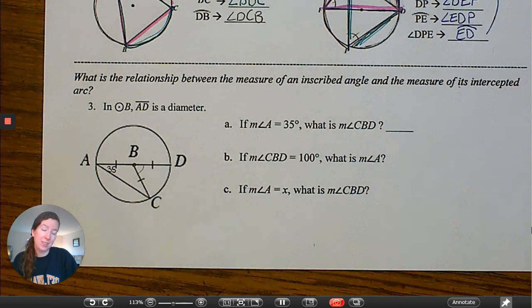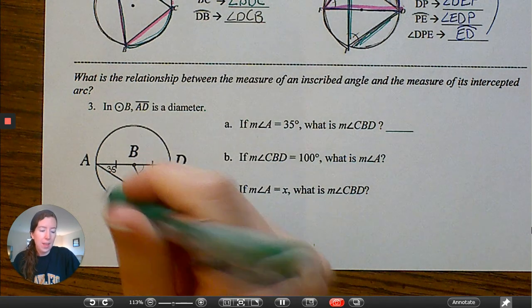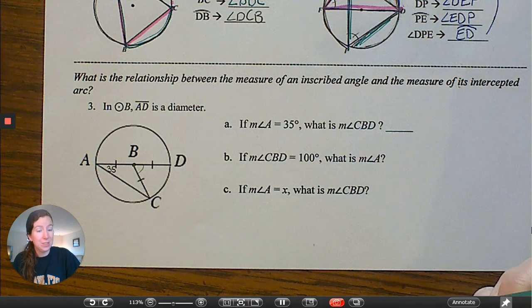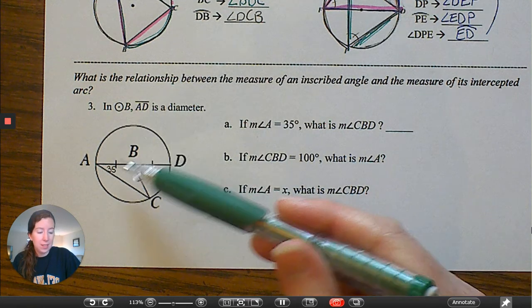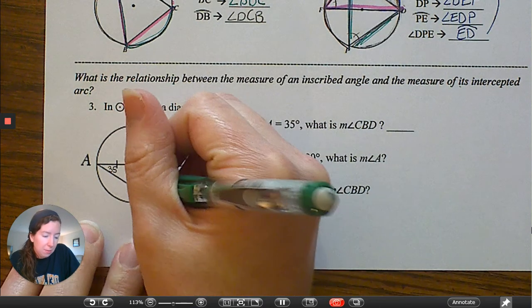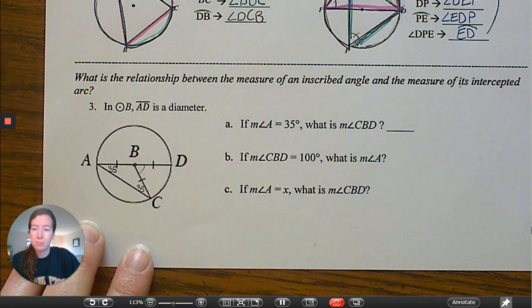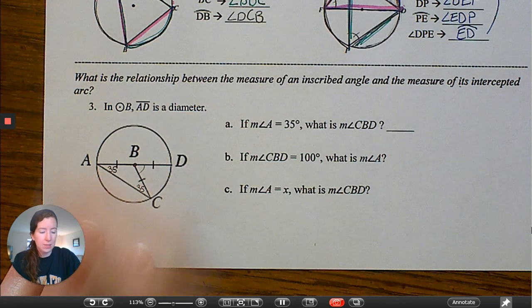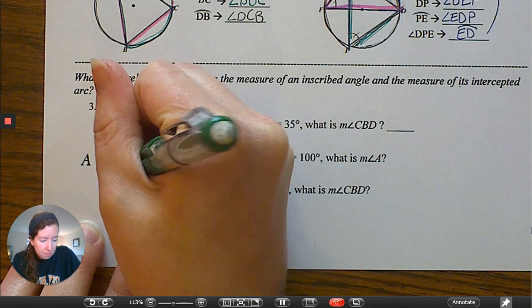We can use triangles because we know that the angles of a triangle add up to what? 180. Yes. So triangle ABC is an isosceles triangle, which means if this angle is 35, this other angle down here is 35. 35 and 35 is 70, and 180 minus 70 is 110.